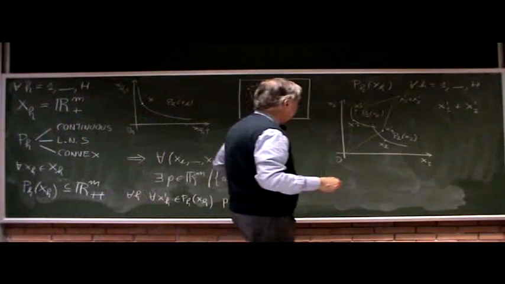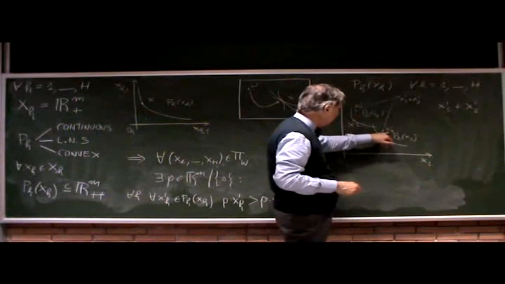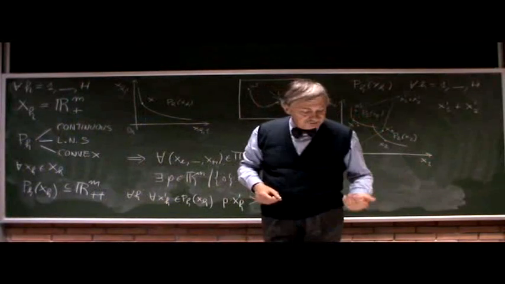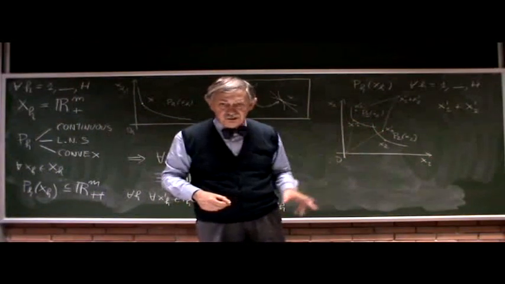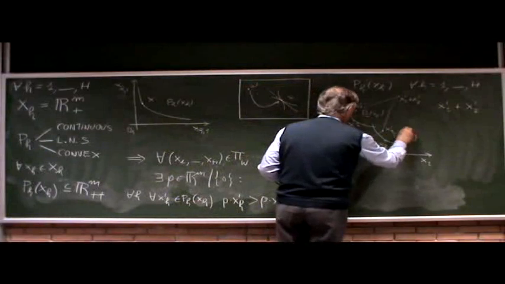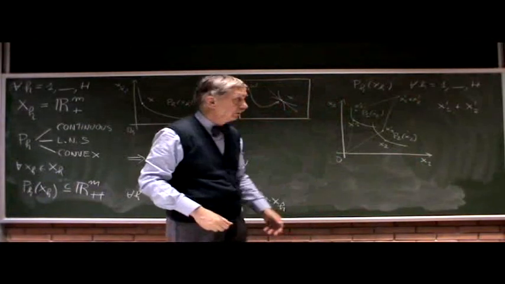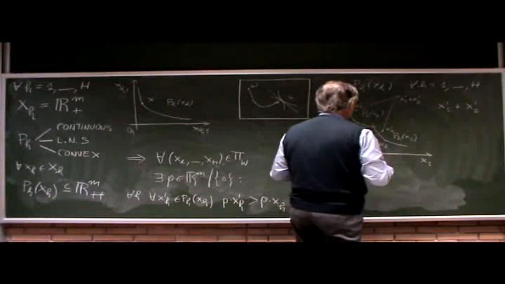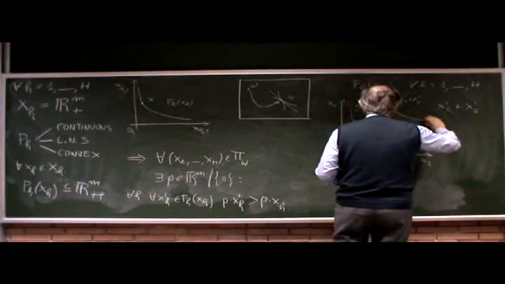Well, I made the sum of these two vectors by choosing x prime 1 and x prime 2 in these two sets. Repeat the same procedure for every pair of vectors in these two sets. For example, take also this point and this point. Sum them and obtain another point, etc. By putting together all these points, we obtain this set.